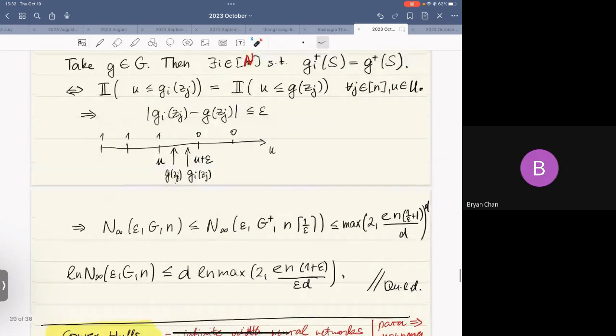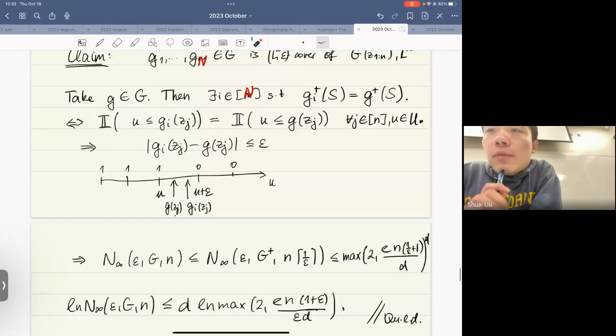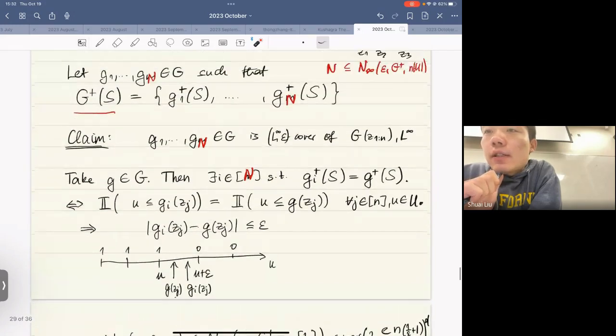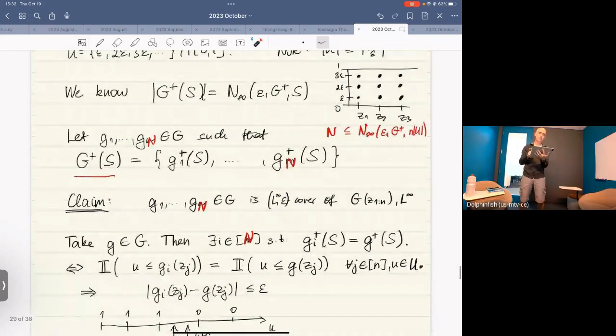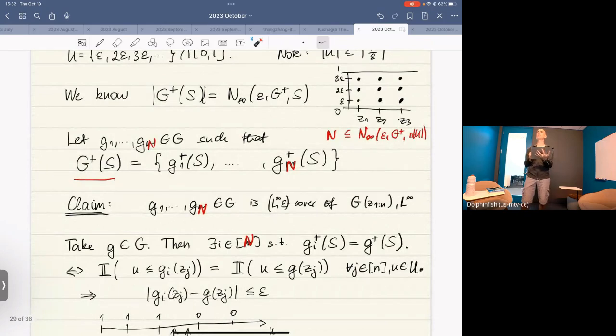Yeah, okay. Question: how do you know the number that covers all of your behaviors is a finite number? Like big N is finite. For the binary case, it's definitely at most 2 to the n, right? And we were just using that.